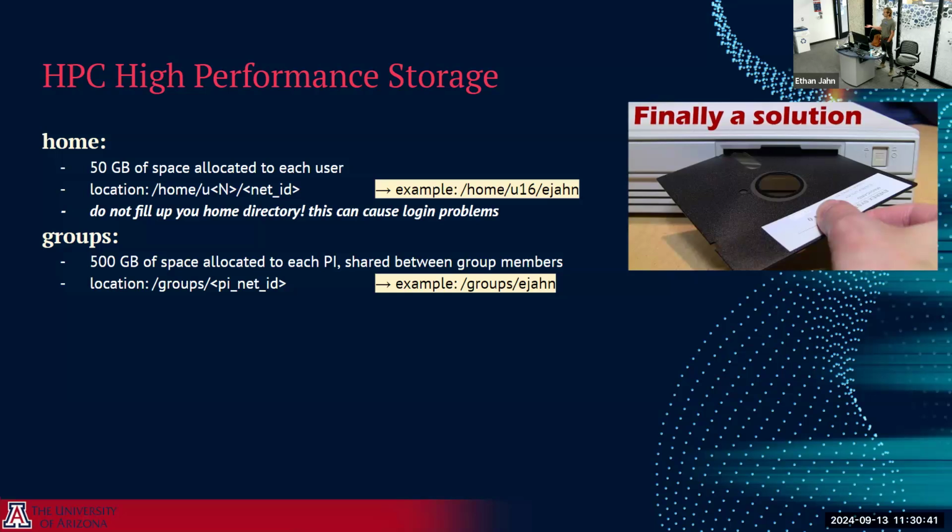So say if Sarah was in my group and she had a folder, it would be /groups/ejan/sarahwillis. That would be her personal folder. And that's typically how it works for each PI and their members.